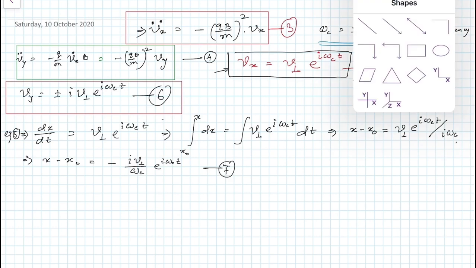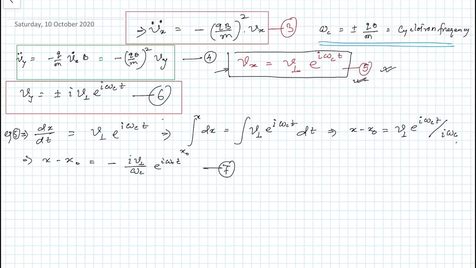So what we have done here is multiply i with both numerator and denominator, and then we have got this, equation number 7. Hope you have understood this.